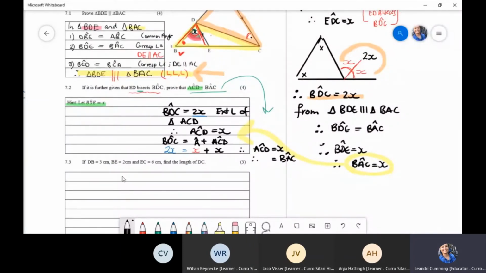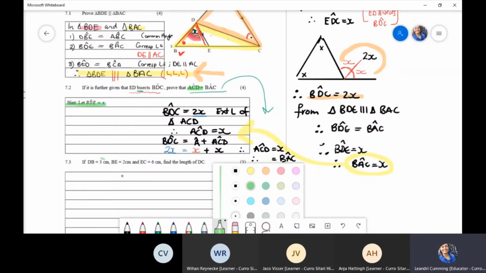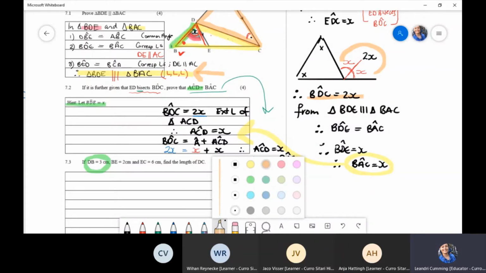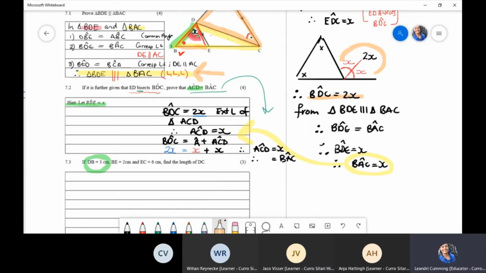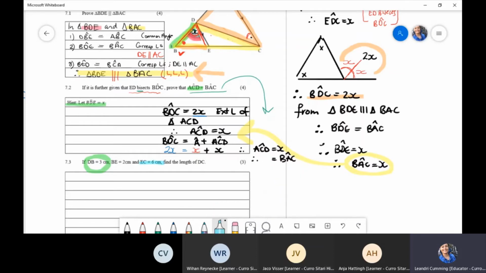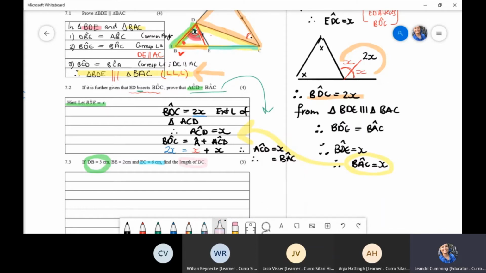Right, now we get to the lengths. We've got several lengths given here in 7.3. There is the measure for the length DB, which is 3. BE is 2 centimeters, and EC is 6 centimeters. Remember, we've already proven similarity in these triangles. We need to try and figure out the length of DC.